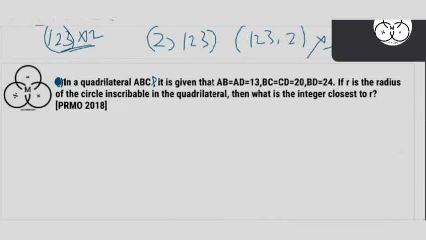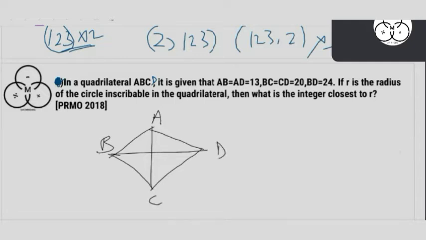ABCD. I know that this looks like a kite. A, B, C, D. It is given that AB equals AD is 13, BC equals CD equals 20, BD equals 24.